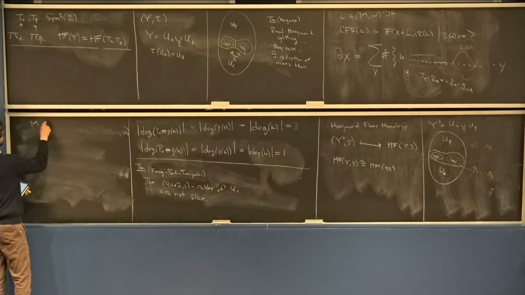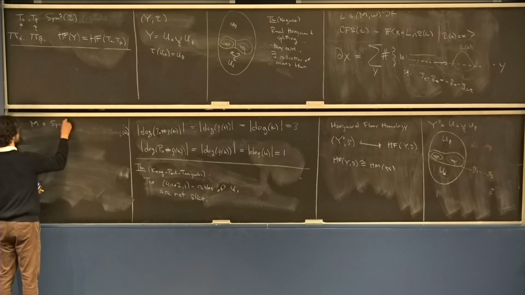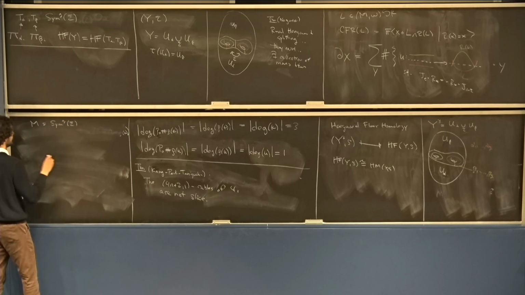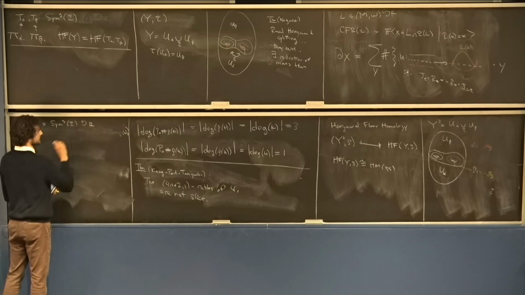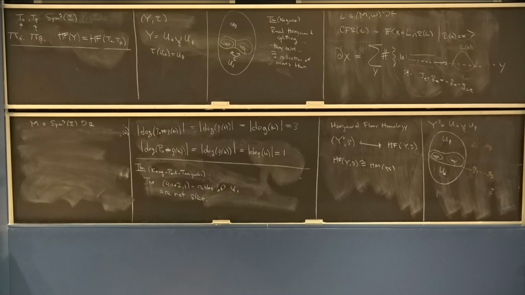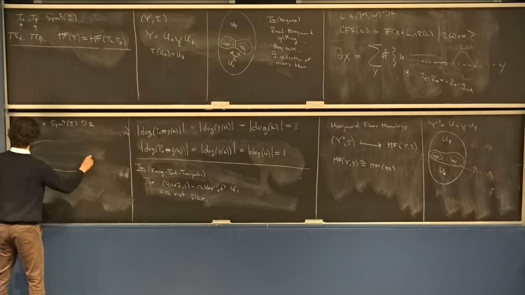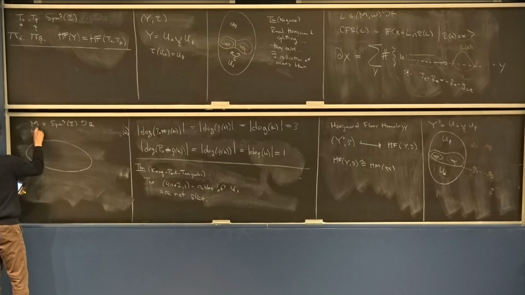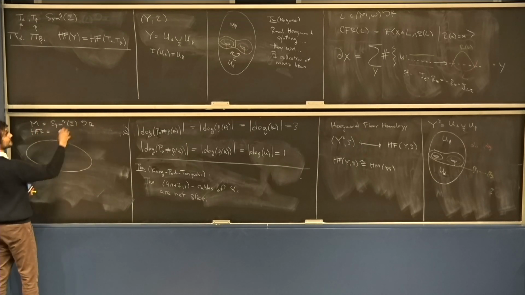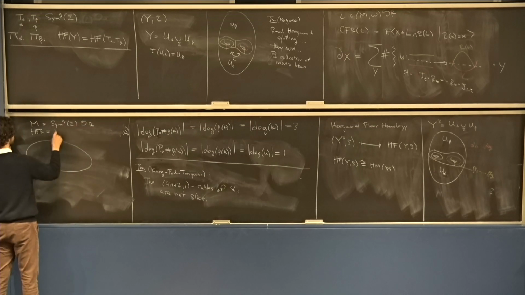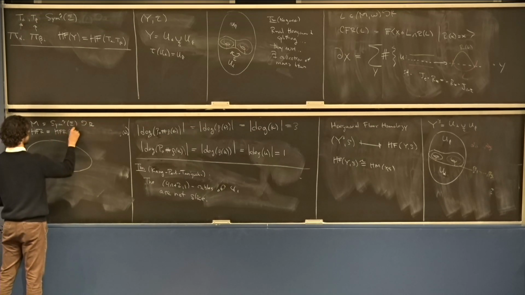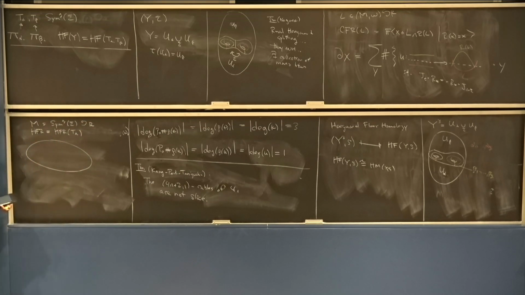M from now on is going to be Sym^g of sigma. And I get this involution on sigma coming from this involution tau on the surface. And I'm going to define HFR to be the homology of this complex up here. So HFR of just T alpha. T beta is determined by the involution.